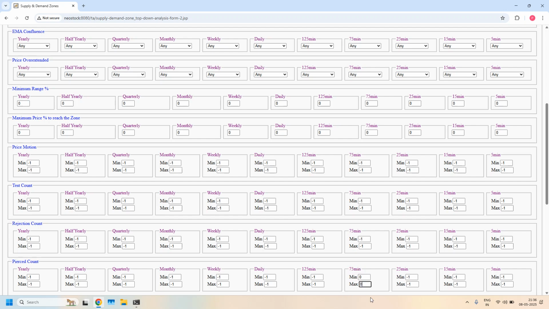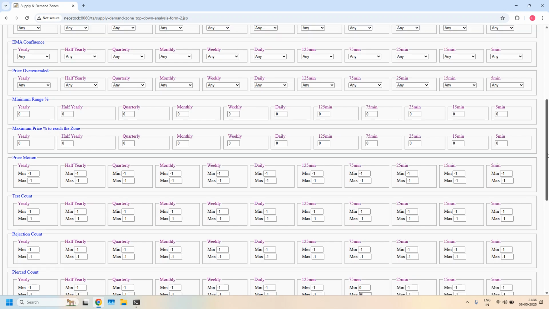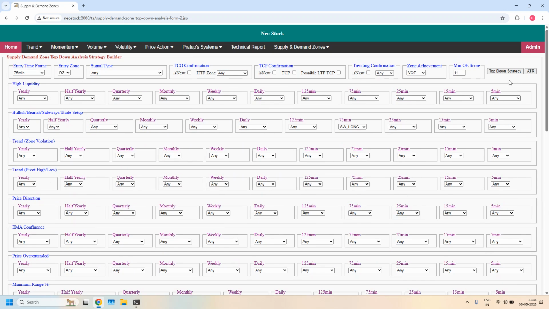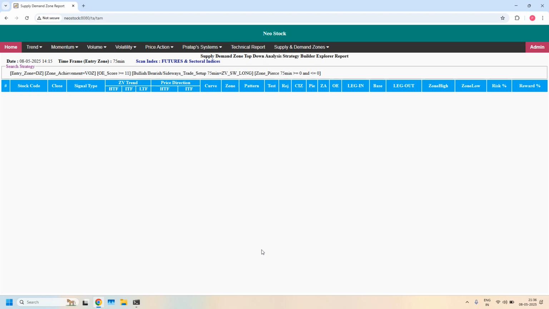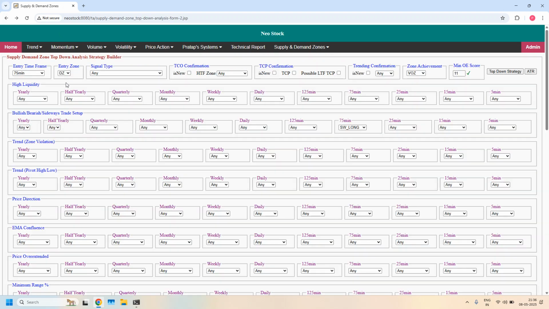That means pierced count should be 0. Pierced count 0 means zone is not pierced. And this filter is applied to 75 minutes demand zone. So that means we don't have any sideways trade setup, long trades. No stocks are available.